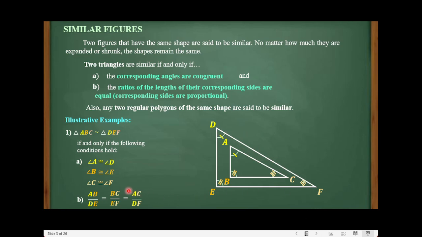So basically, the second condition is that the ratio of the corresponding sides are constant, or the corresponding sides are proportional.